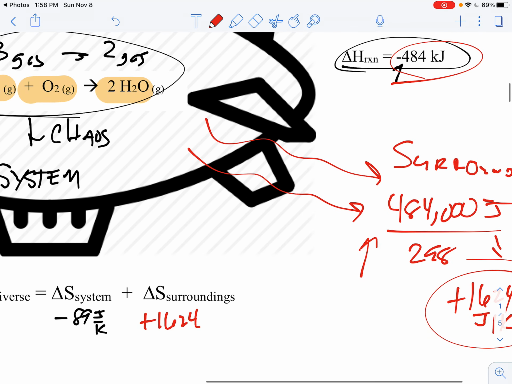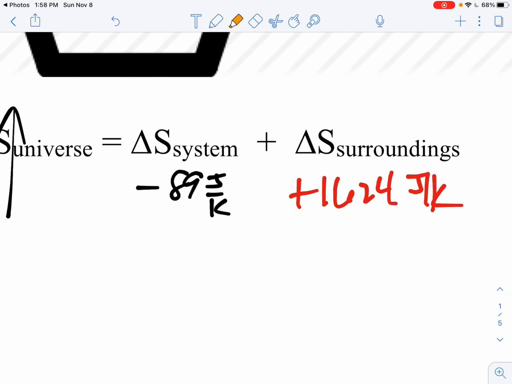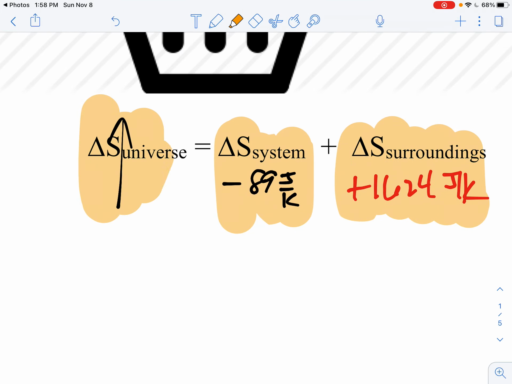So the surroundings went up by positive 1,624 joules per Kelvin. Aha! There it is, guys. Check it out. The system went down by 89 joules per Kelvin, but the surroundings went up by way more than that, and so consequently, the delta S of the universe increased.